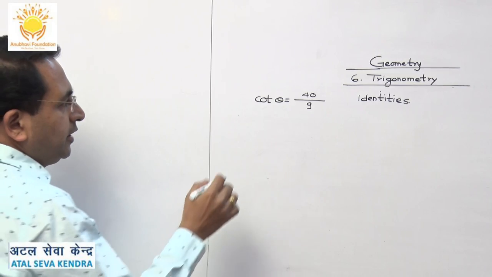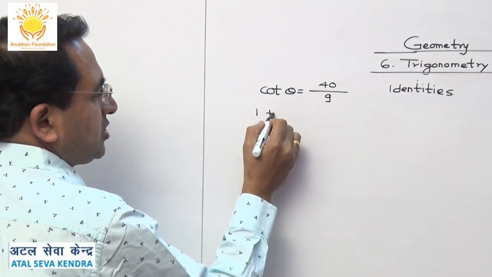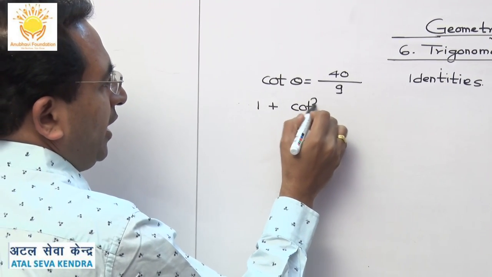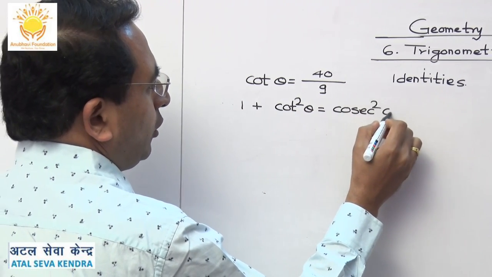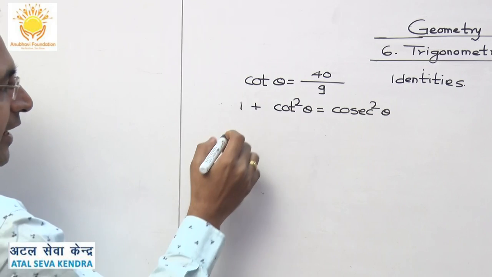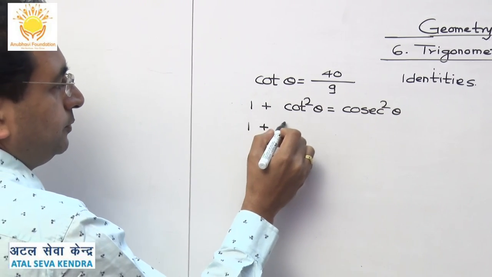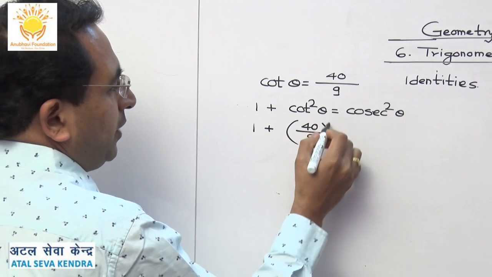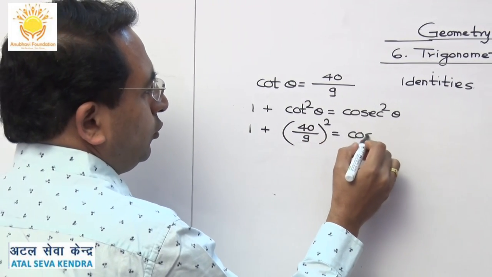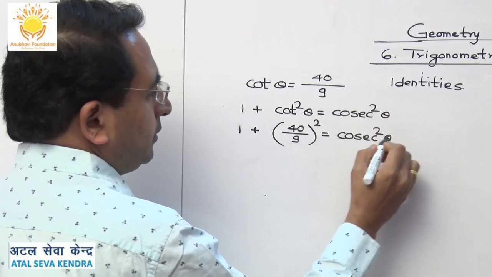What is it? It is 1 plus cot square theta is cosec square theta. So I can write 1 plus 40 upon 9 bracket square is equal to cosec square theta.